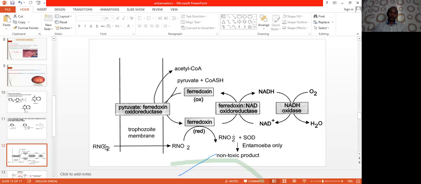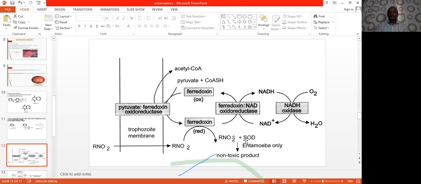This nitro group crosses the membrane, and then you have here reduced pyridoxine. This reduced pyridoxine, to undergo the oxidation, converts the nitro group into superoxide, a radical one. And don't be confused with this.